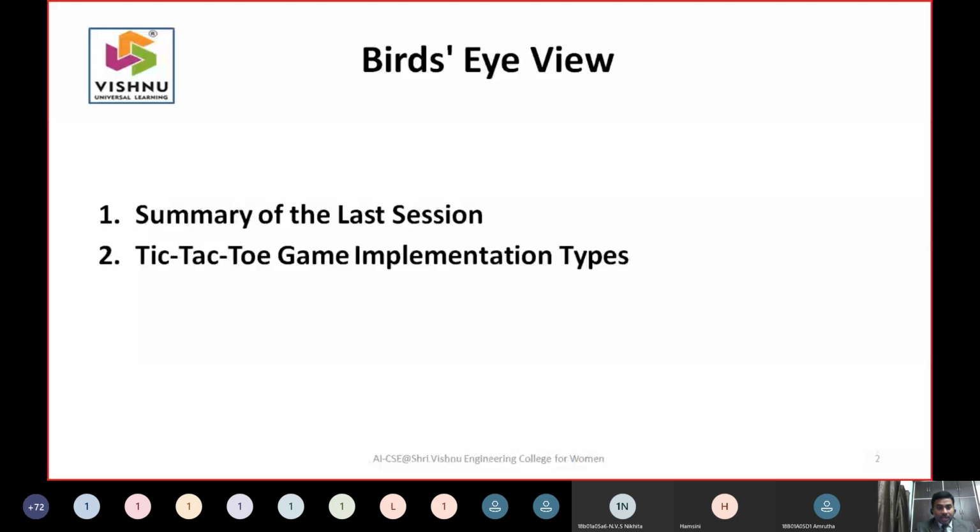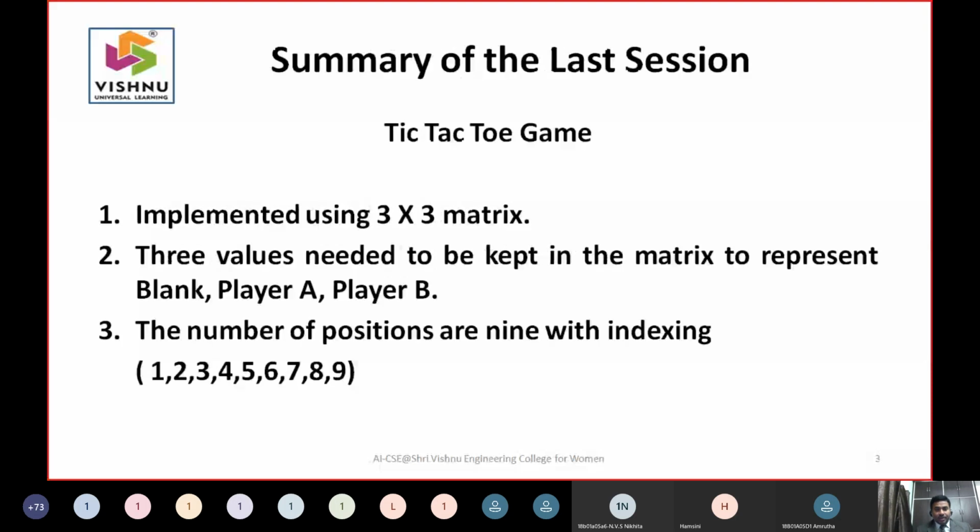I said in the last class that the summary is something like this. We can implement the tic-tac-toe game by using a 3 by 3 matrix, which most people know. 3 by 3 means we have 9 positions. We can number the positions starting with 0 or starting with 1. Your textbook says it will start with 1, because whenever I use the number of positions in the next rates, I will be starting with 1, 2, 3.